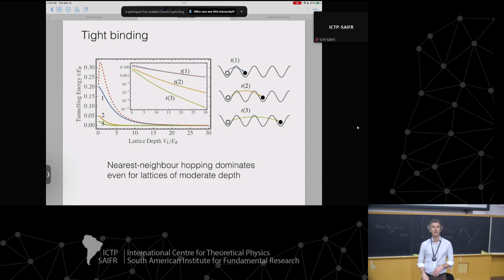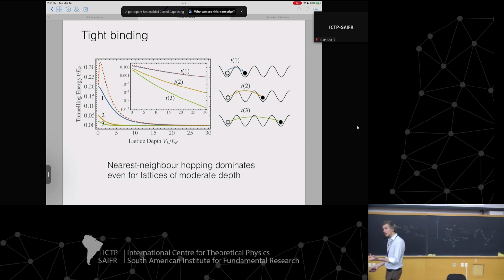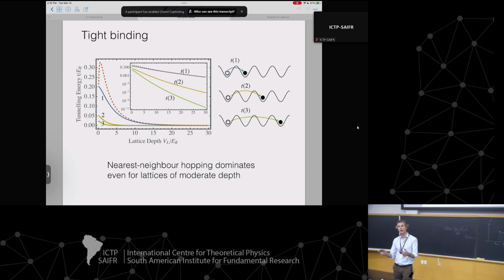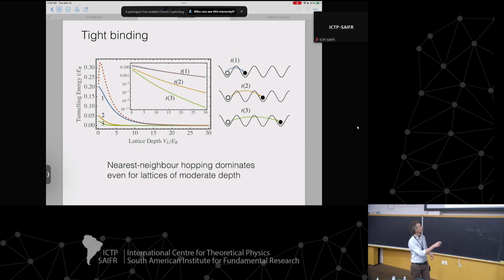So today I'm going to start the lecture by discussing how to go deeper and deeper into the lattice and confining more and more onto a single site. And I talked about how once you have a deeper lattice, then you're dominated by a nearest neighbor coupling here, okay? Nearest neighbor tunneling.